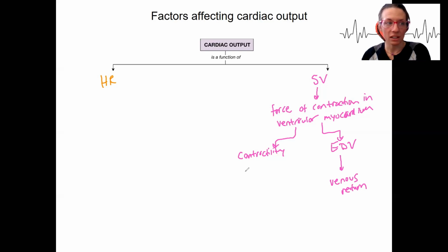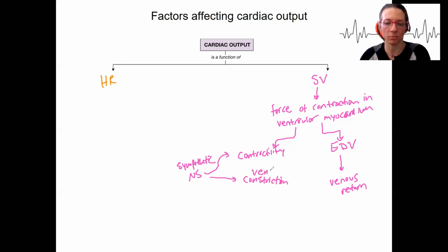And contractility is going to be regulated by our sympathetic nervous system. I'm going to put sympathetic. It's going to affect contractility as well as affect venous return through constriction.